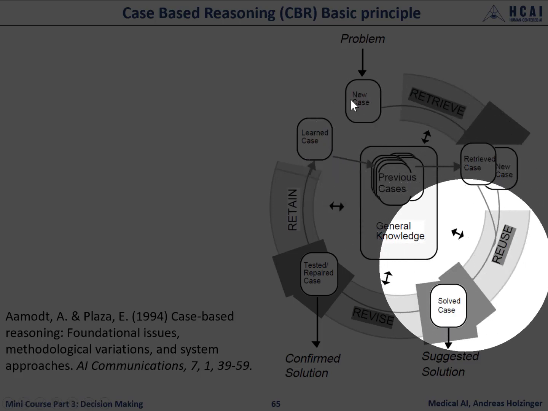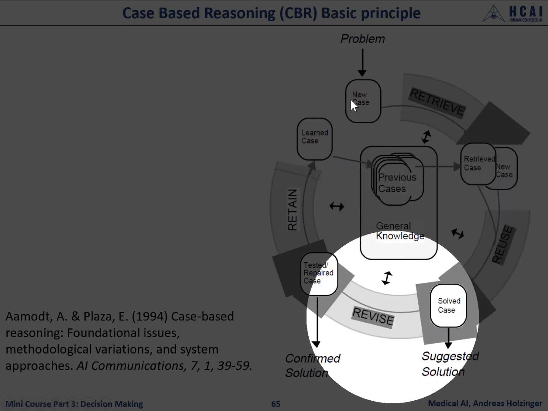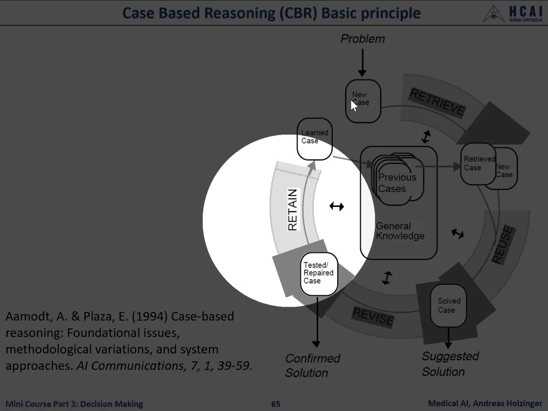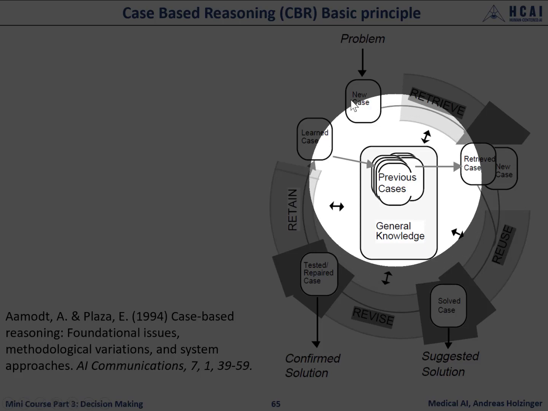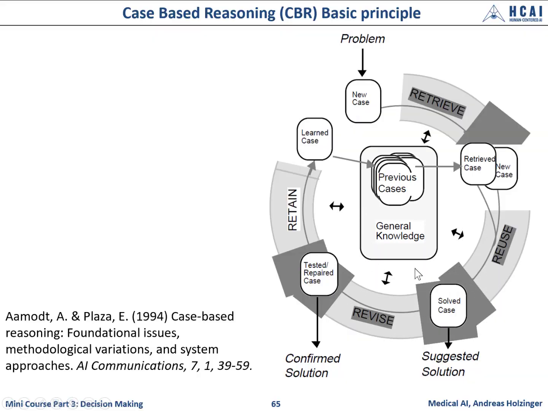And now you reuse this and you put this then as a learned case into your previous cases. You should constantly learn again and again. So this is constantly learning, and therefore you can retain it for future use. And this case base is always updated with new learned case, and you can of course modify some existing cases.